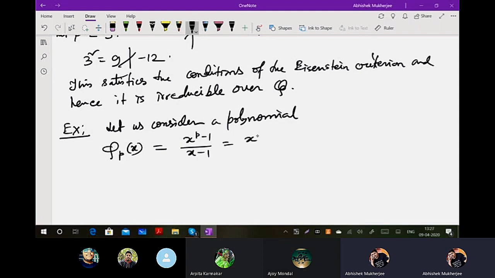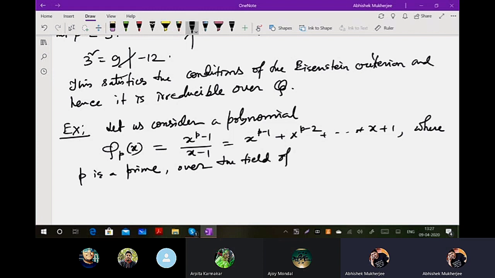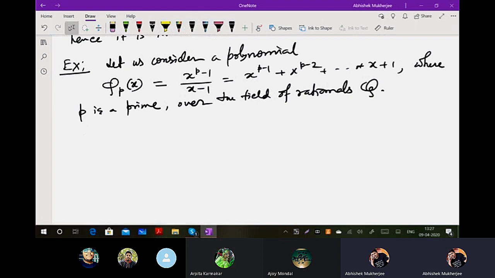That is, it will take the form x to the power p minus 1 plus x to the power p minus 2 plus dot dot dot plus x plus 1, where p is a prime, over the field of rationals Q. So you need to check that this is irreducible over Q. Show that this is irreducible over Q.